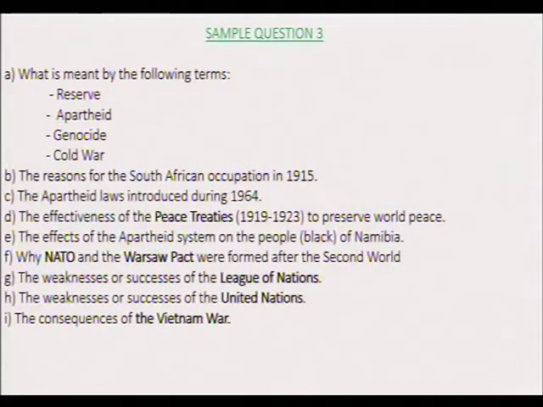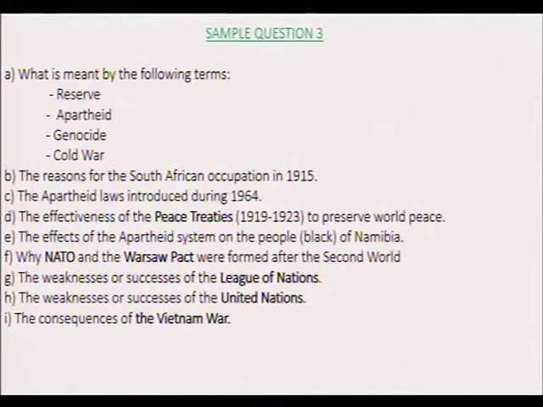Also, sample questions in relation to history, for example, are what is meant by the following terms: reserve, apartheid, genocide, Cold War. It can be other concepts as well. It's just to test your understanding of the concepts.